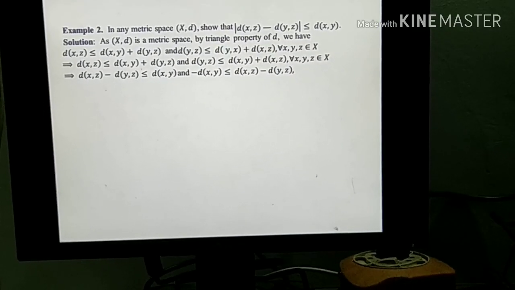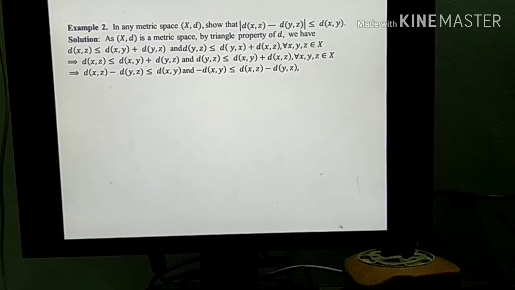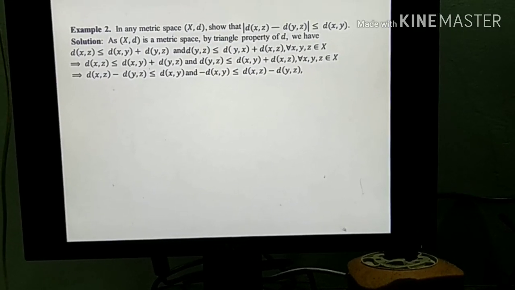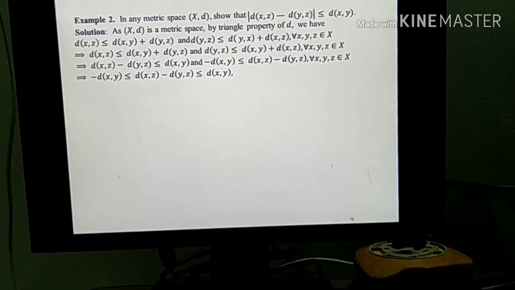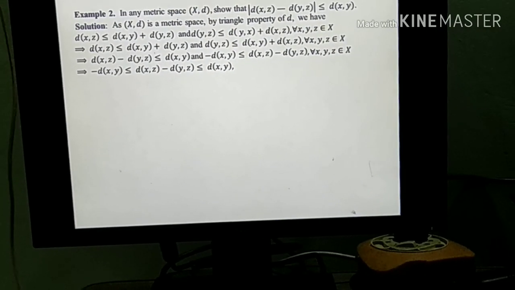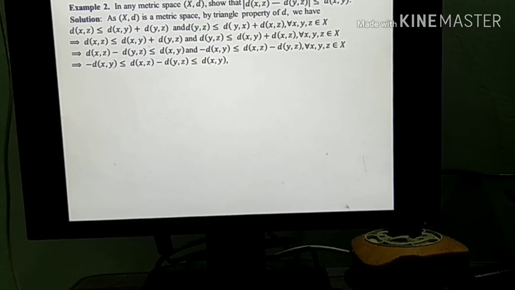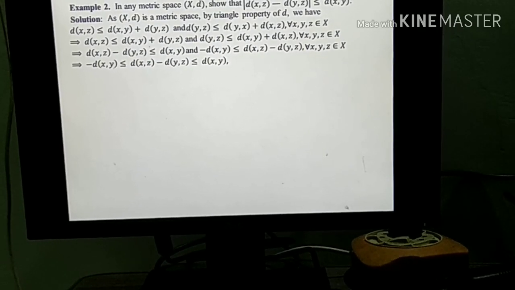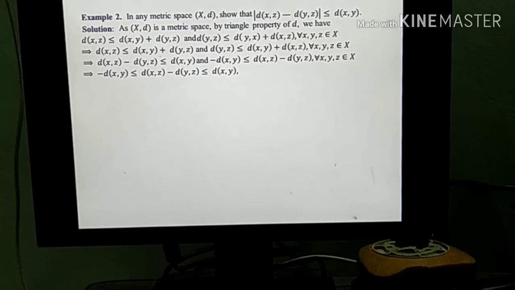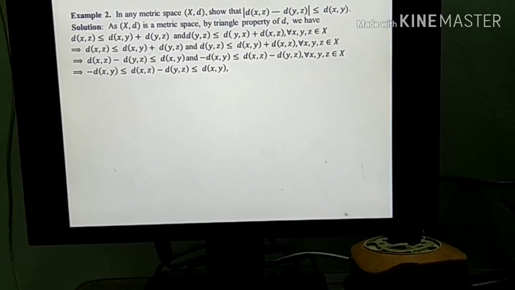That's why we get minus d(x,y) less equal d(x,z) minus d(y,z) for all x, y, z belonging to X. Now this second inequality can be written first as minus d(x,y) less equal d(x,z) minus d(y,z), and the first inequality d(x,z) minus d(y,z) less equal d(x,y) can be attached to it, so as to get minus d(x,y) less equal d(x,z) minus d(y,z) less equal d(x,y).